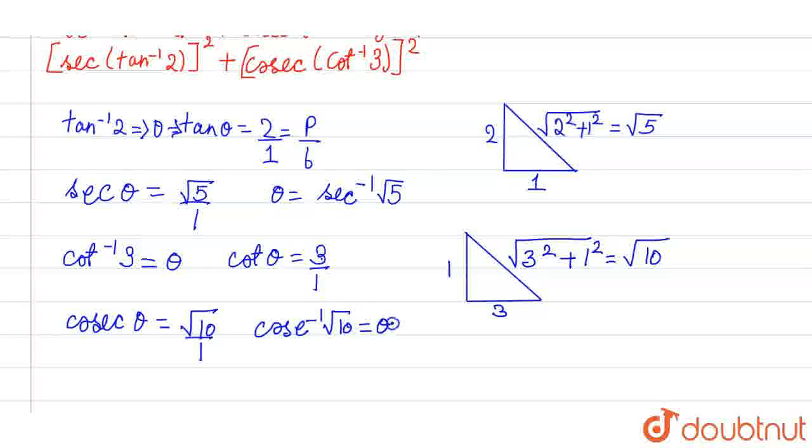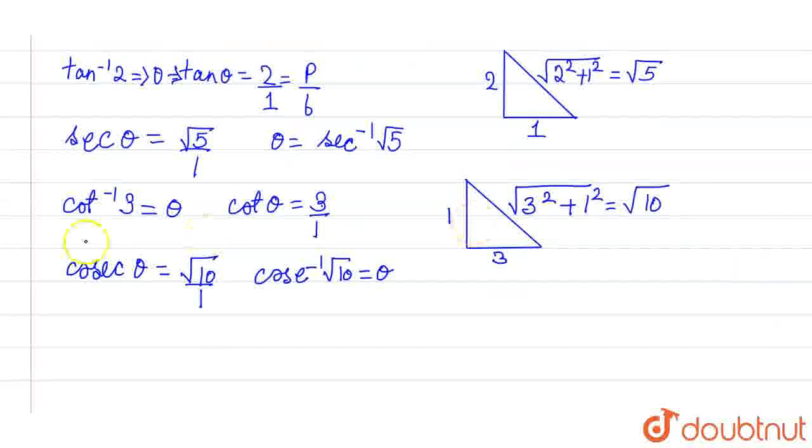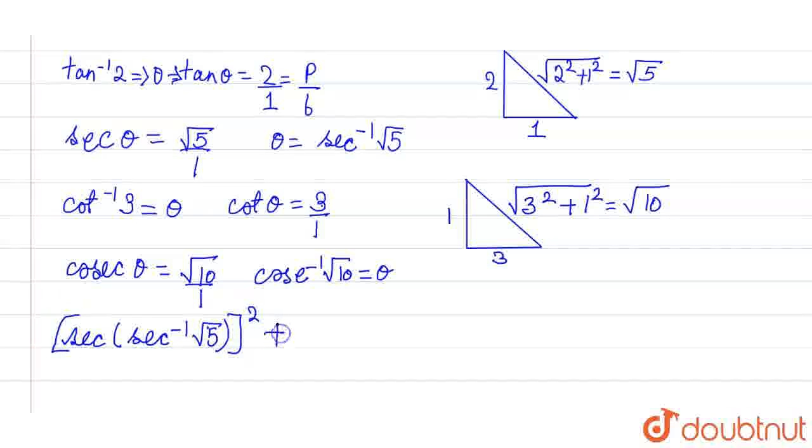Now if I substitute these values in the required format, the value will be (sec sec inverse root 5) square plus (cosec cosec inverse root 10) square.